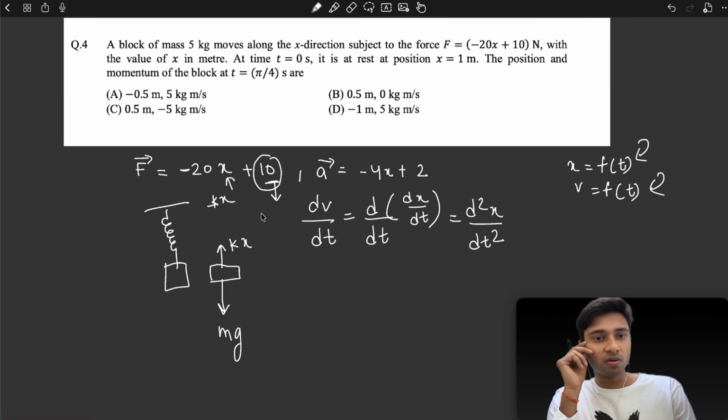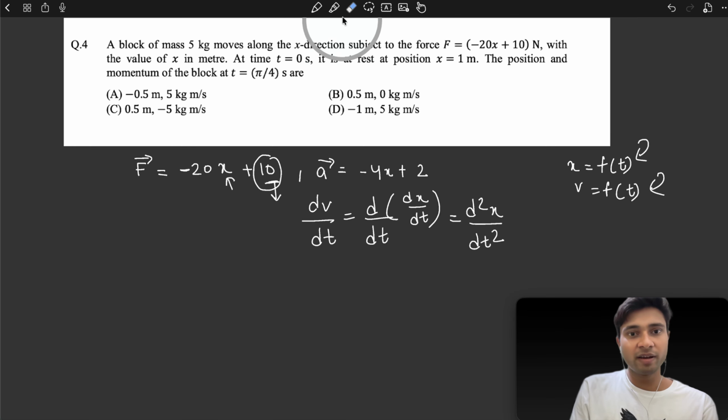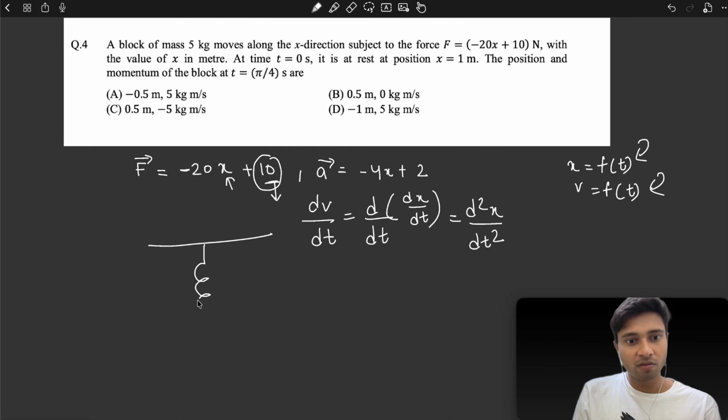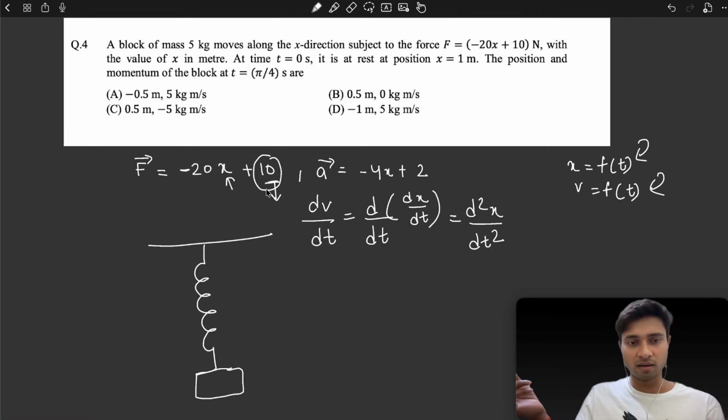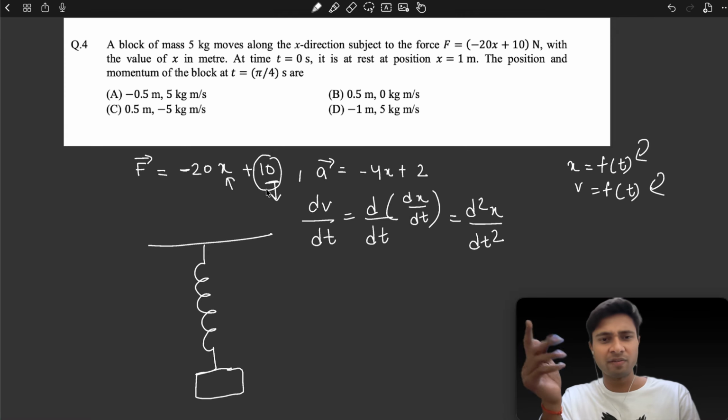Okay, so what if we visualize some other system in the vertical direction where the spring constant is 20, and instead of gravitational force there is some other constant force which has value 10, and we really don't care whether it is gravity or something else.